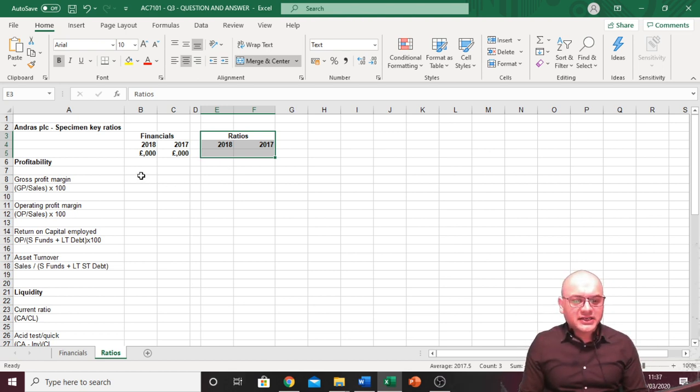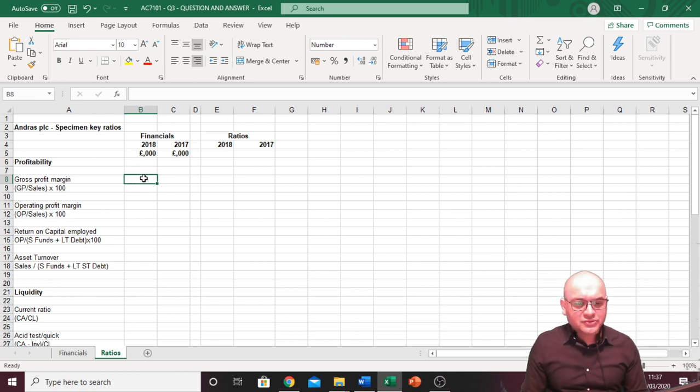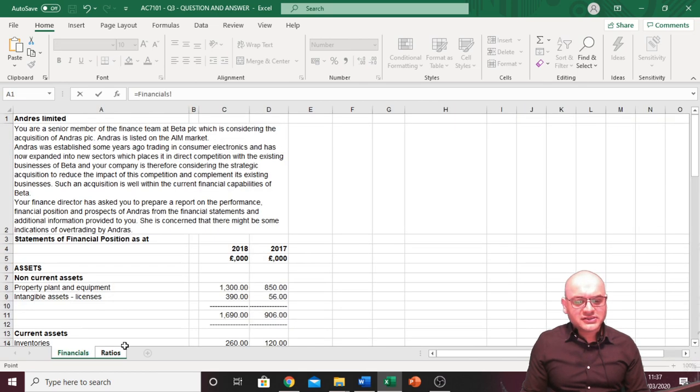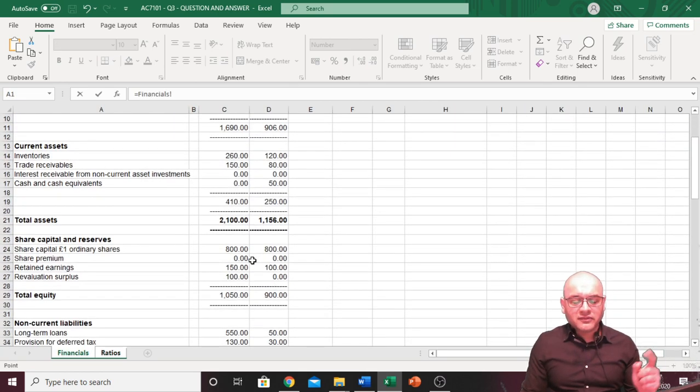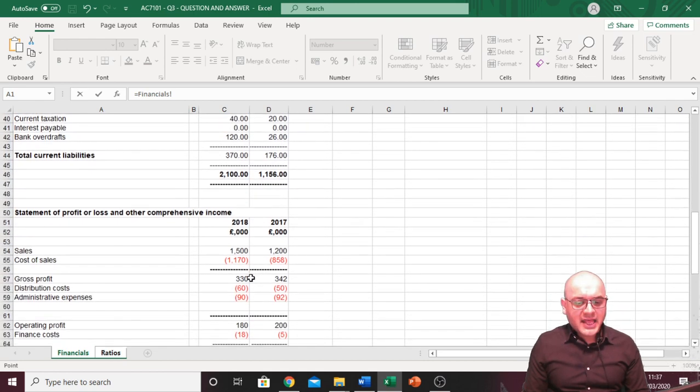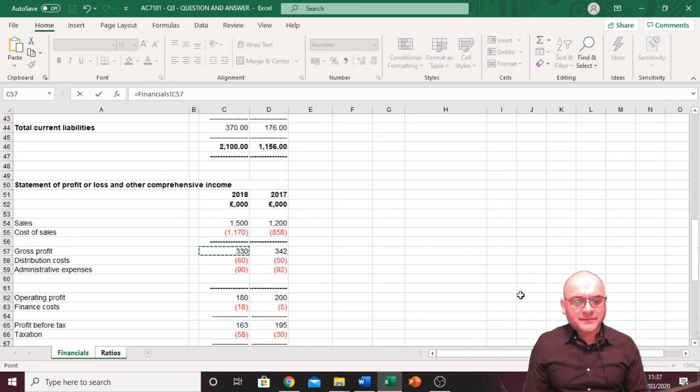So the first thing to do is to get the data. All right, so bring your cursor to cell B8, put an equal to sign there, and then go to financials. We are working out the gross profit margin first of all, and find your gross profit. Okay, so that's that. Done.